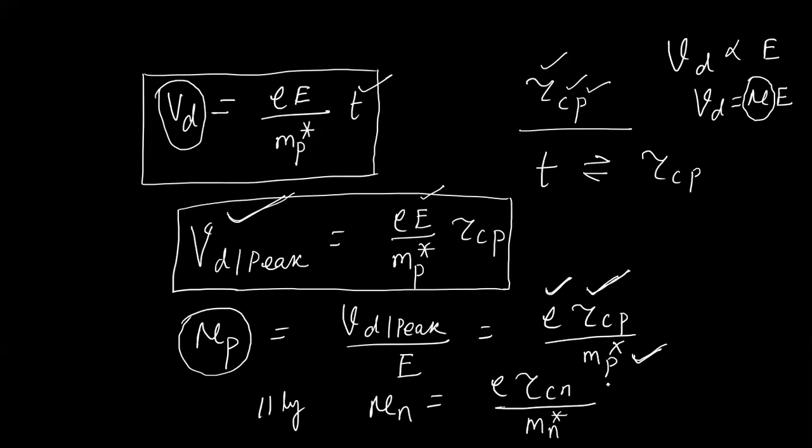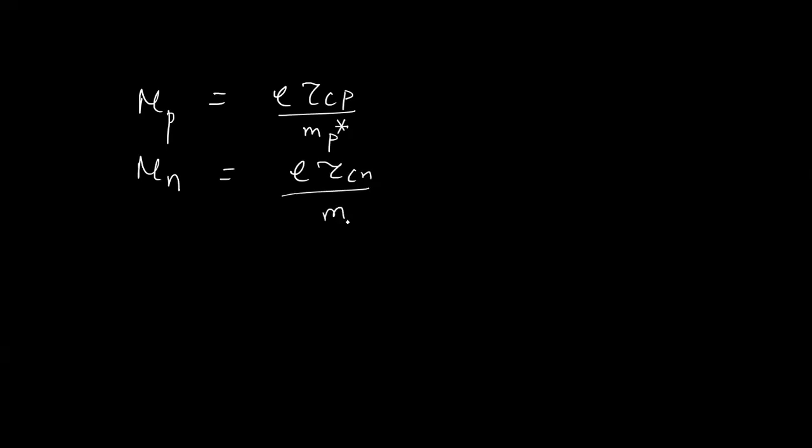Finally, the maximum value of mobility of the hole in the valence band and of the electron in the conduction band can be written as e tau Cp, the mean time between collisions, divided by the effective mass of the hole, and similarly e tau Cn divided by mn star.